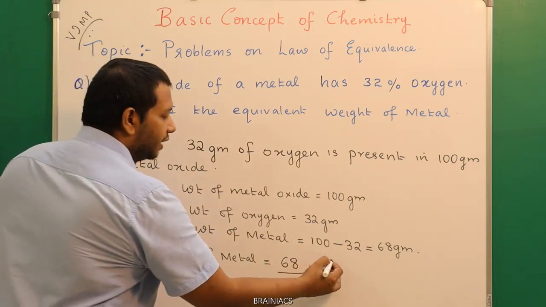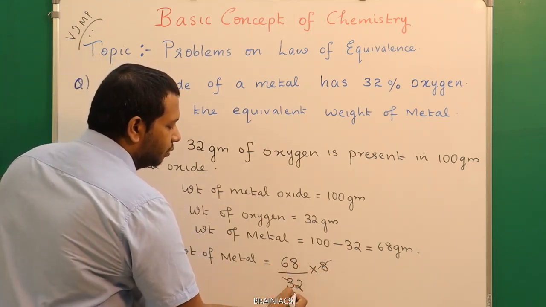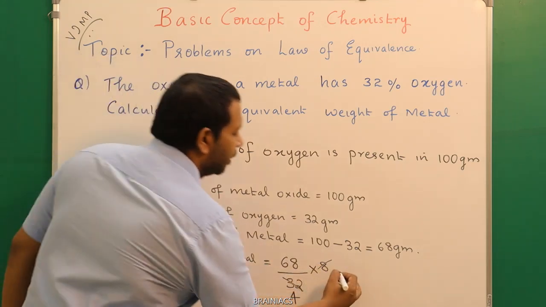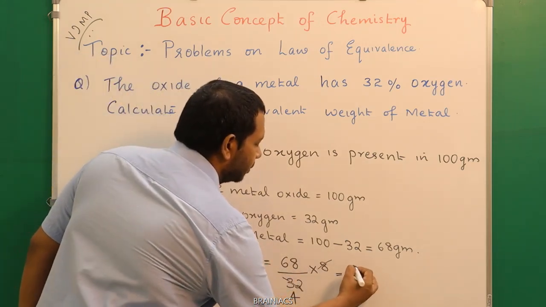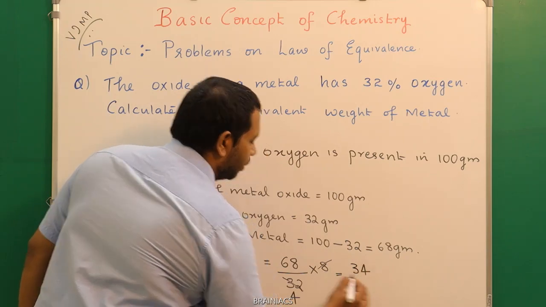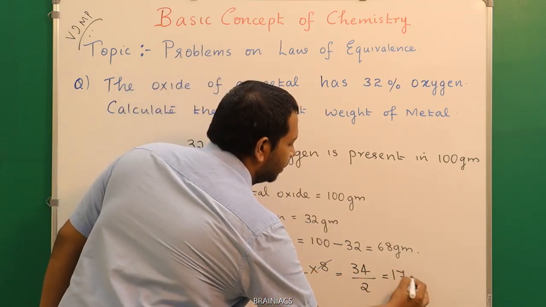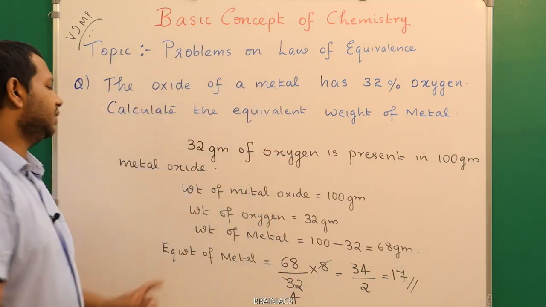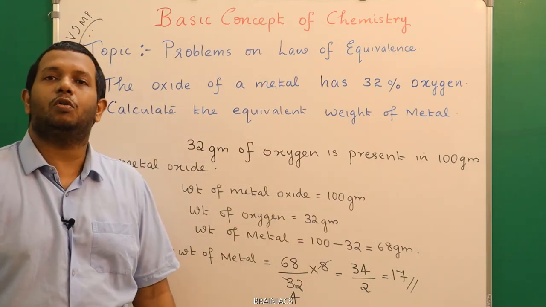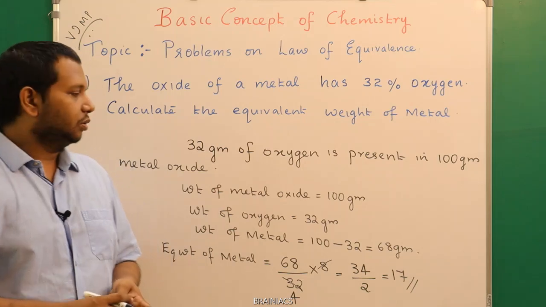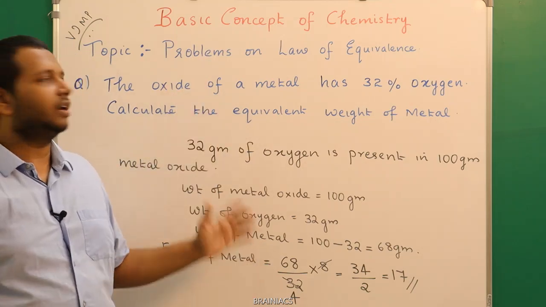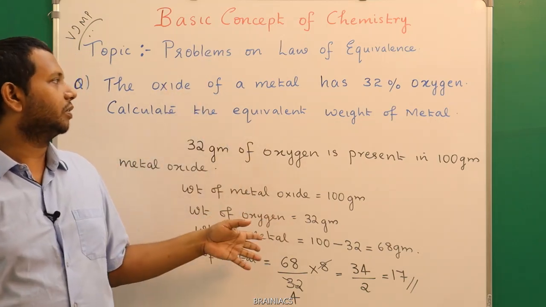So 68 by 32 into 8, it will come around 34 by 2, and further it will become 17. So the equivalent weight of the metal is equal to 17.